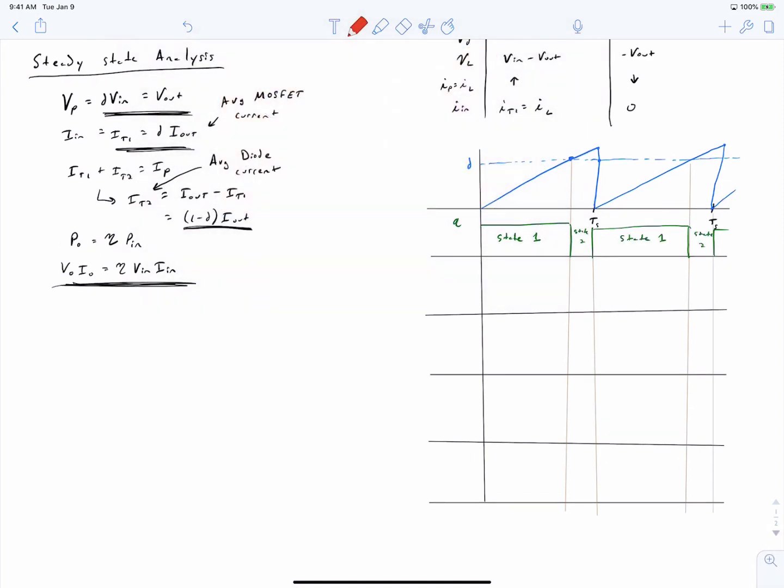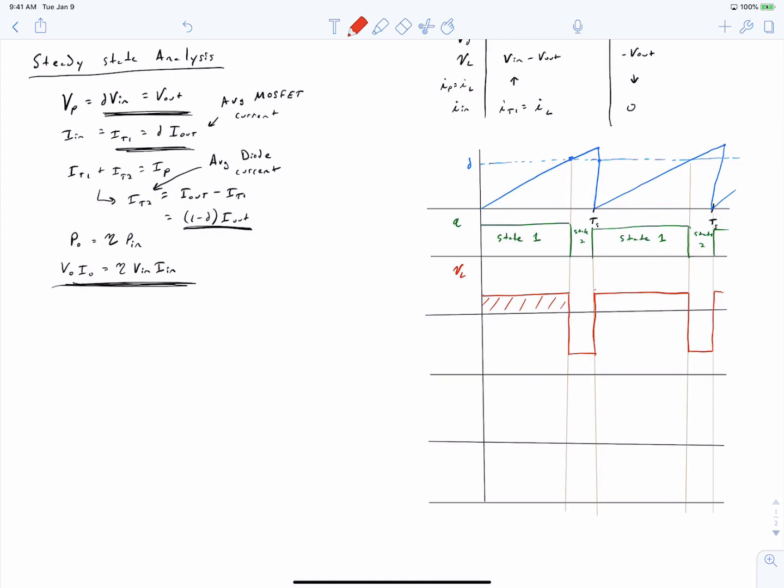We previously noticed that when we are in state 1, our inductor voltage is equal to Vin minus Vout. And when we are in state 2, our inductor voltage is a negative Vout. And we can use this waveform to calculate the ripple in our inductor current, as we've previously discussed.